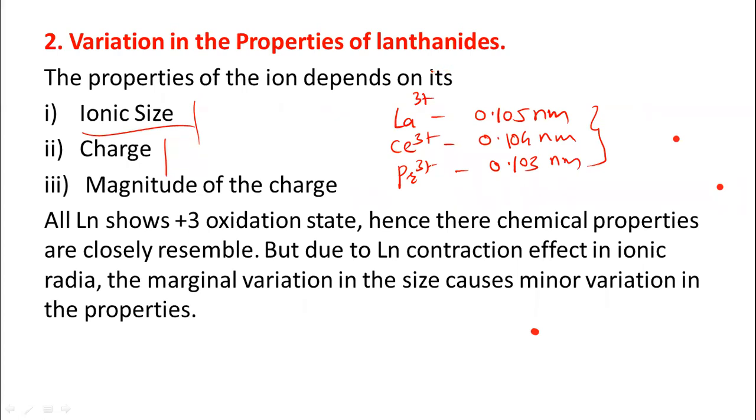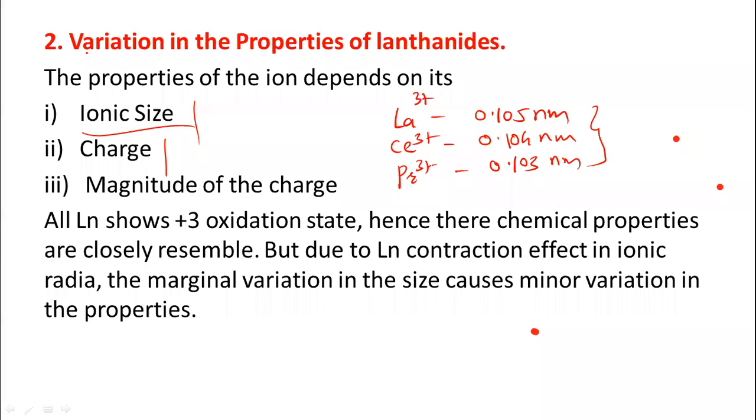Now, due to the lanthanon contraction effect, there is a marginal variation in the size, and therefore minor variation in the properties. As the ionic radius goes on decreasing from lanthanum to lutetium, the marginal variation in the size is responsible for the minor variation in the properties. So their properties differ to some extent from each other.